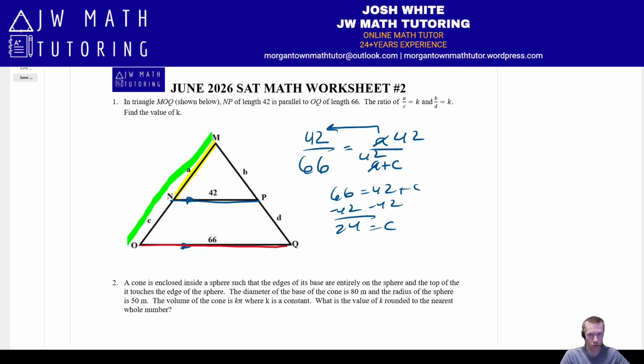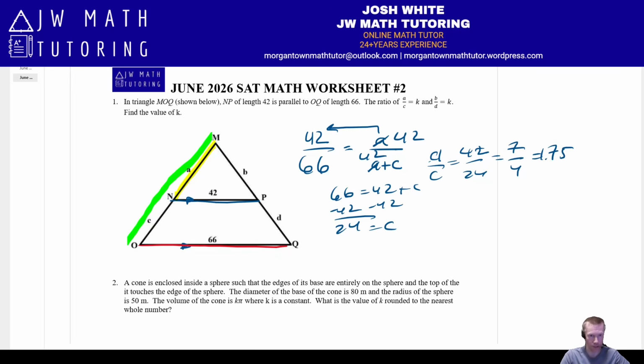So now I can determine the ratio of A to C is equal to 42 over 24. You can divide each of these by the common factor of 6, so that would just be 7 over 4, or also 1.75. That's your answer. That's the value of K.